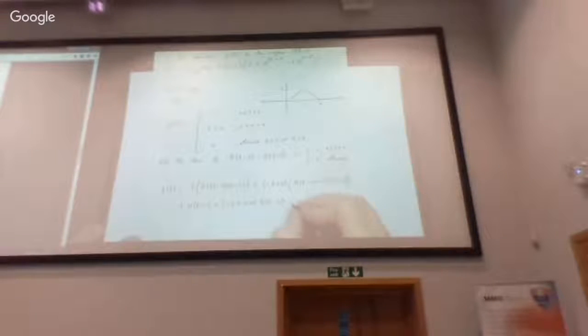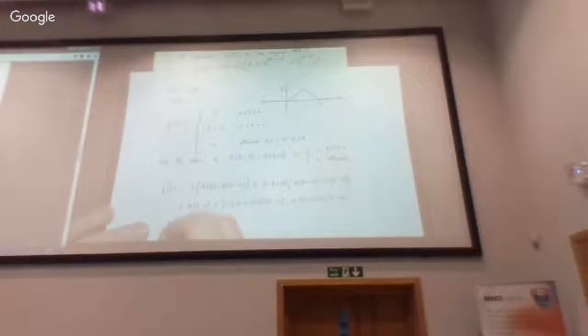And lastly, you've got minus t plus 4 times h of t minus 4. We could write that as minus the quantity t minus 4 times h of t minus 4, so the minus sign multiplies into that bracket.